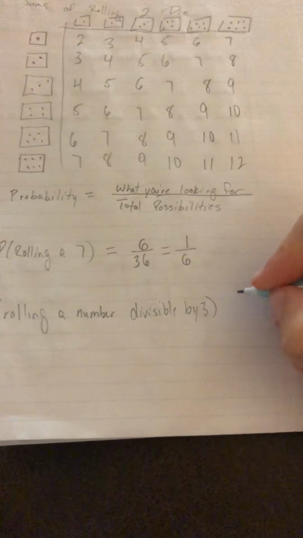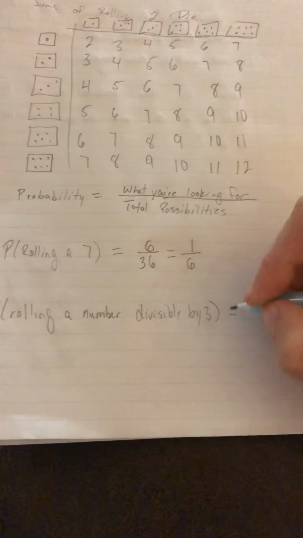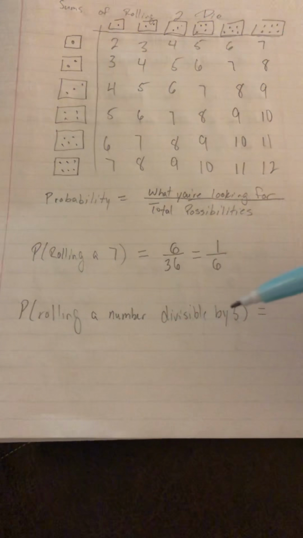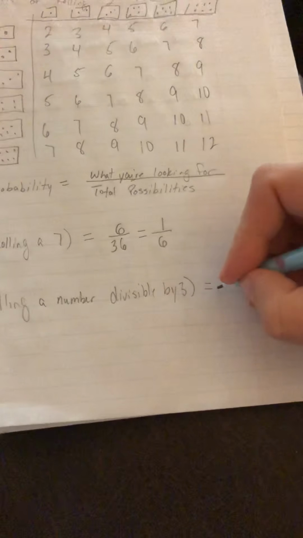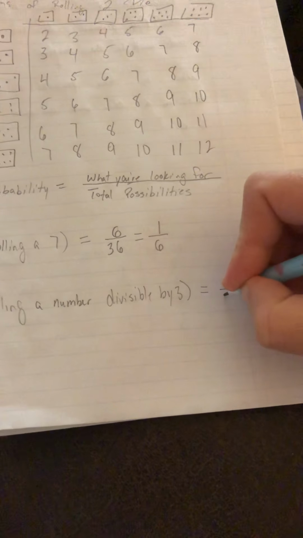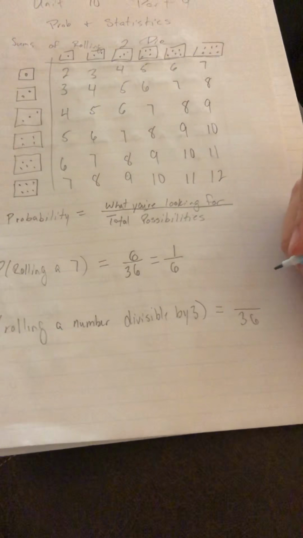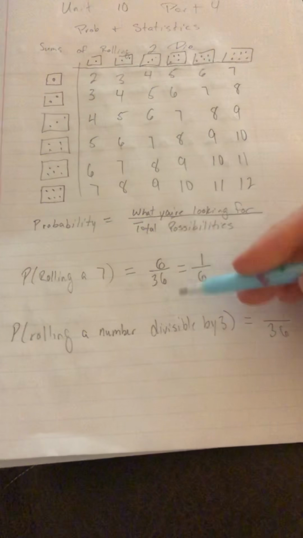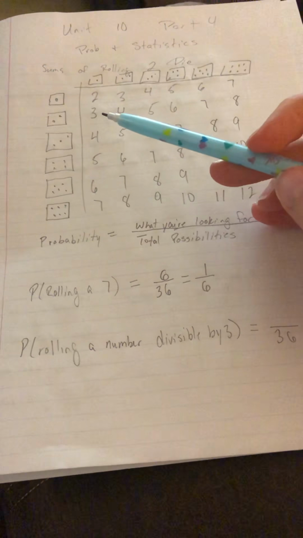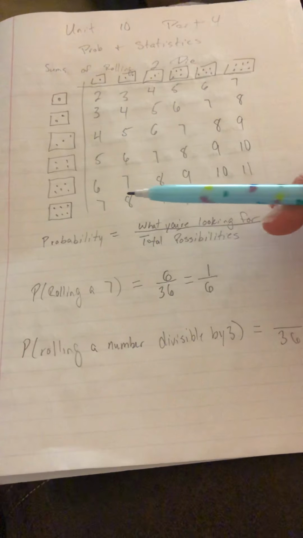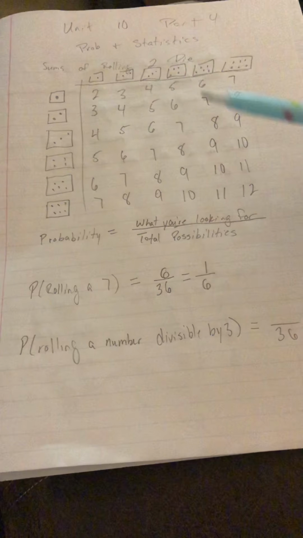Another probability. They ask the probability of rolling a number divisible by 3. Again, there are 36 different possibilities here. A number divisible by 3 means that 3 goes into it evenly. So that's 3, 6, 9, and 12.